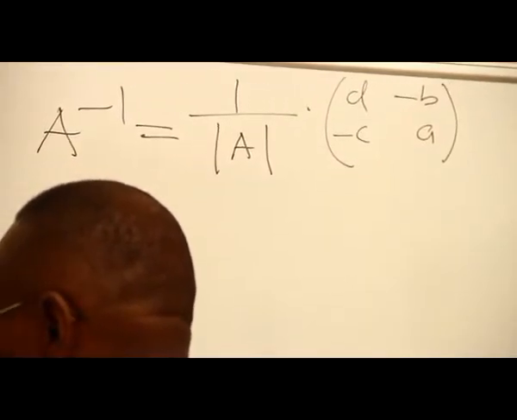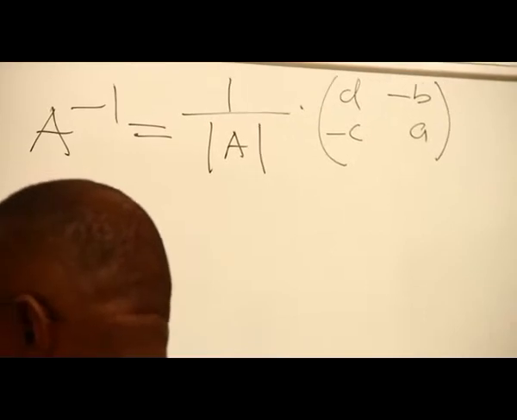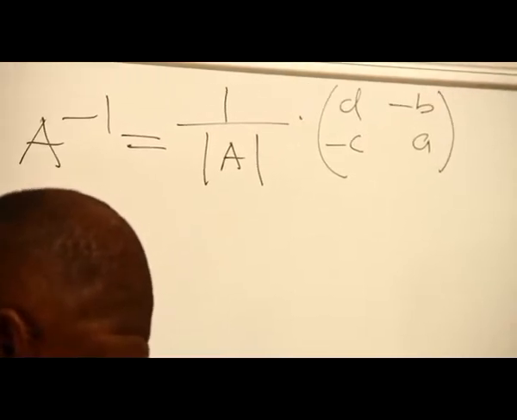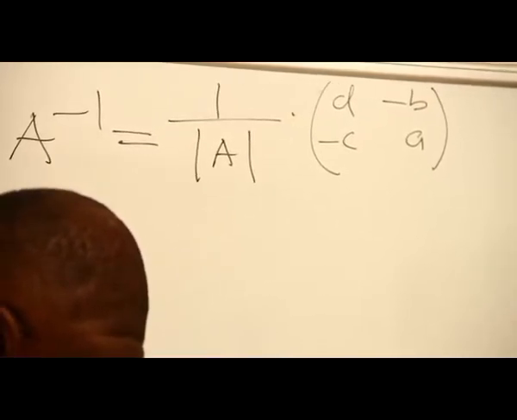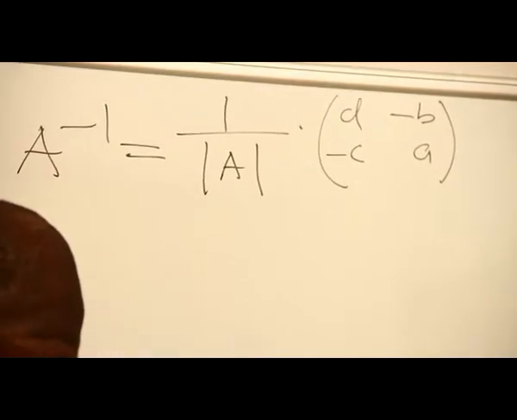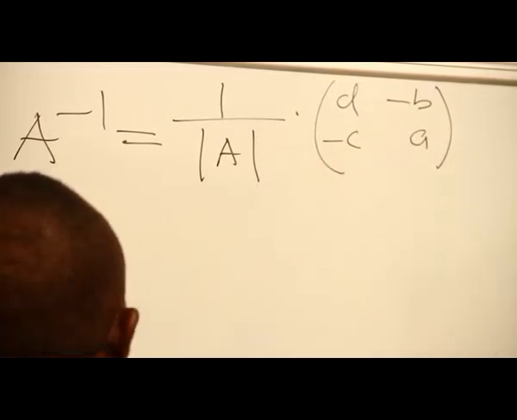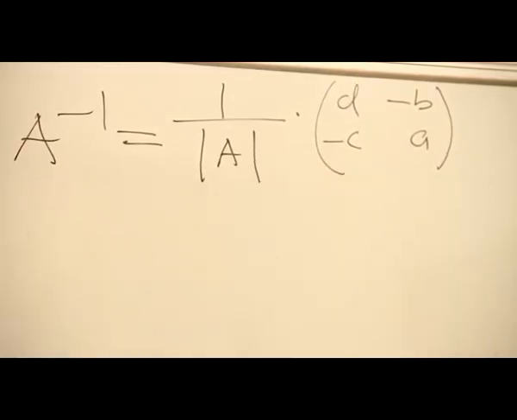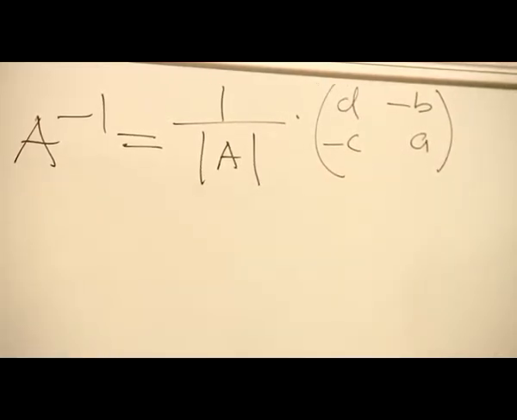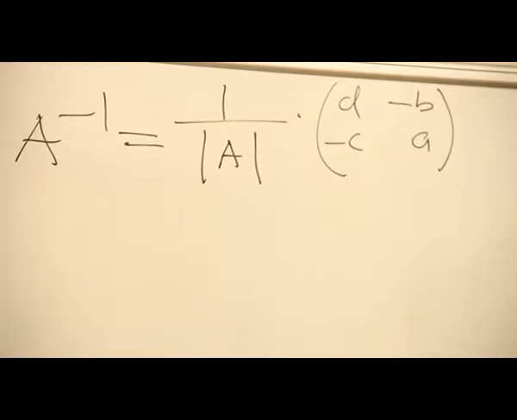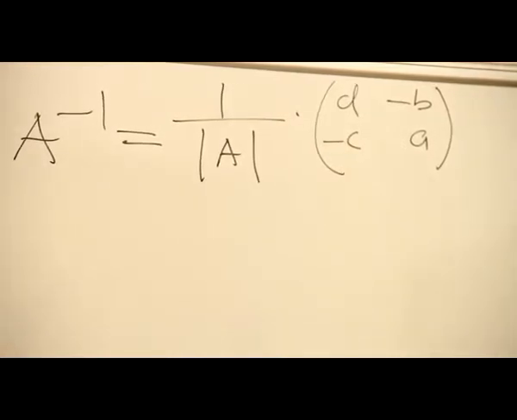AD becomes DA, and you change the sign of the two elements in the other diagonal. And that's exactly what I have done in this case. With this, you will find the inverse of a 2 by 2 matrix.